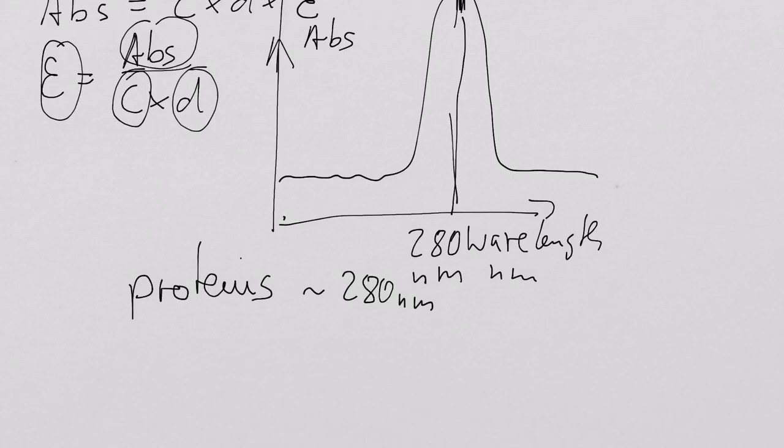Tyrosine. Yeah? And histidine a little bit, but not really. It doesn't absorb really at 280. So you can measure the concentration of a protein by simply shining light of 280 through it and measuring the absorbance. If you know the extinction coefficient, you can calculate the concentration. Right?